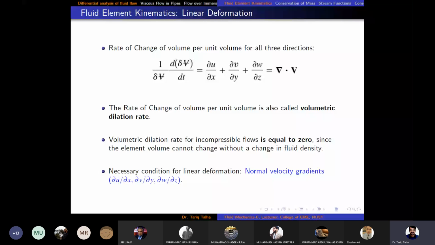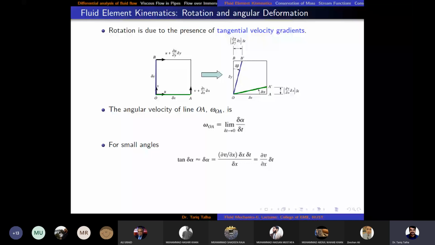Afterwards, we discussed the rotation, that is, how we can find the rotation for a fluid element. For that, as I told you just now, tangential velocity gradients need to be there. So in this case, we have tangential velocity gradients like partial v by partial x, as I am showing with the mouse cursor, and then partial u by partial y.